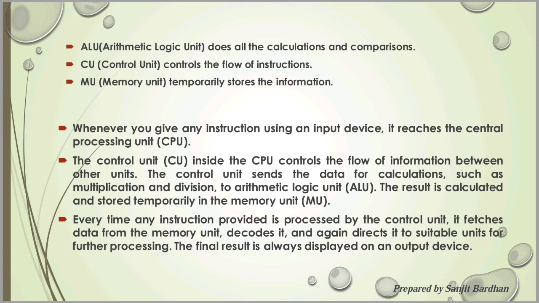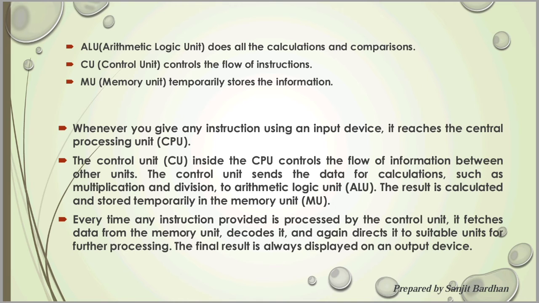Whenever you give an instruction using an input device, it reaches the central processing unit, CPU. Then the control unit, CU, inside the CPU controls the flow of information between other units. The control unit sends the data for calculation, such as multiplication and division, to the arithmetical logical unit.